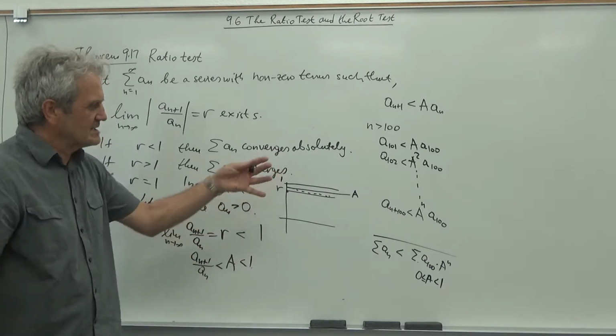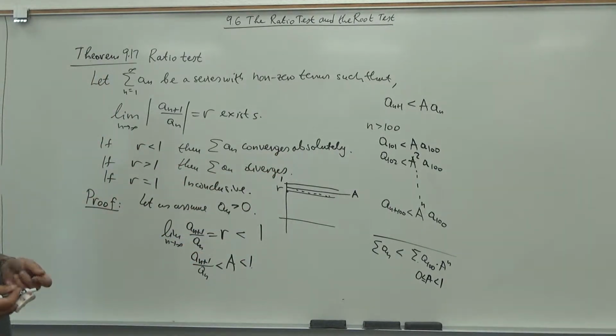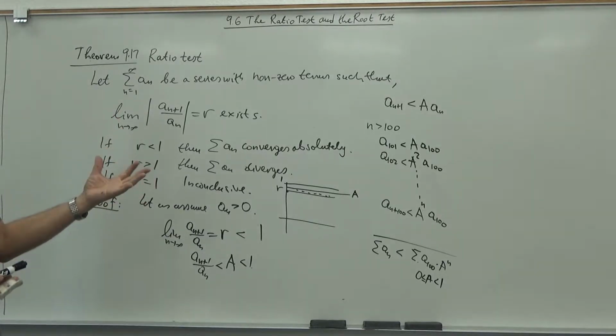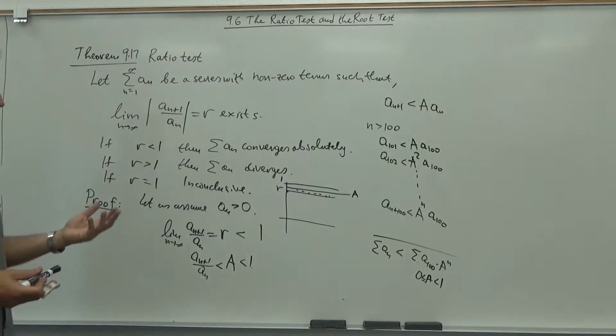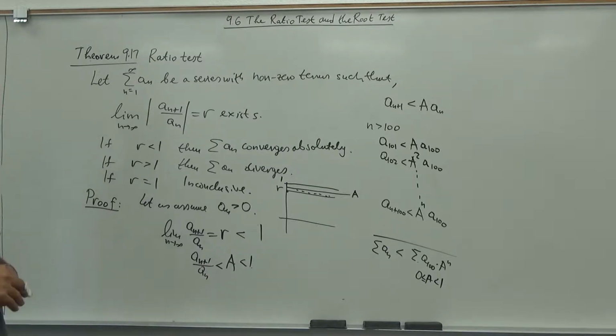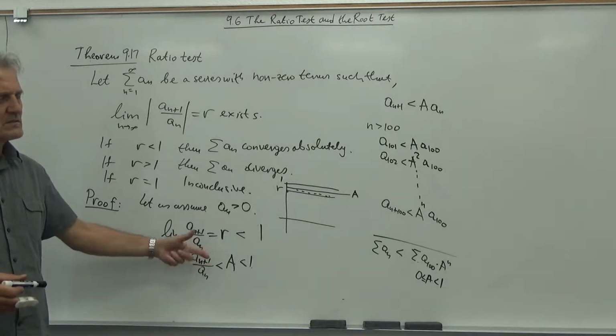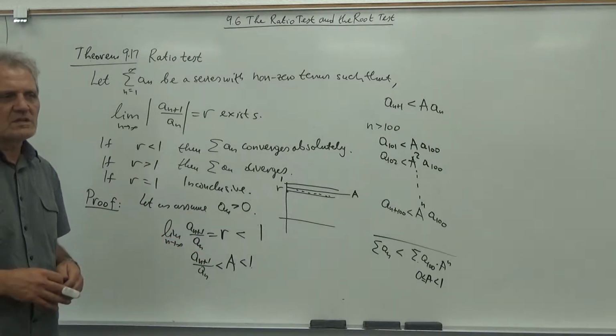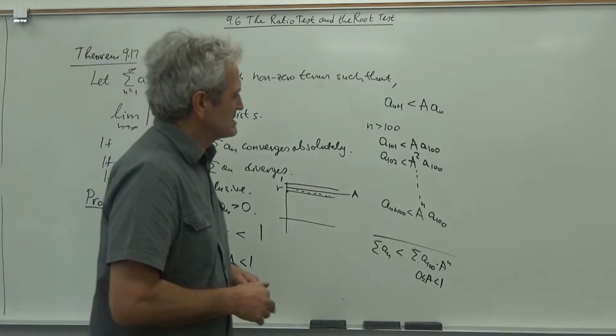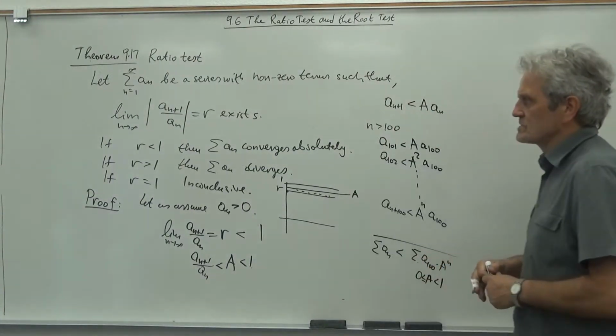So that's basically the idea. I was a little relaxed on that proof, but the idea is there. If you want to read a more precise version, it is in the notes. After a while, when your ratio gets smaller than 1, you stay below a certain geometric series that's convergent, and you are still convergent.